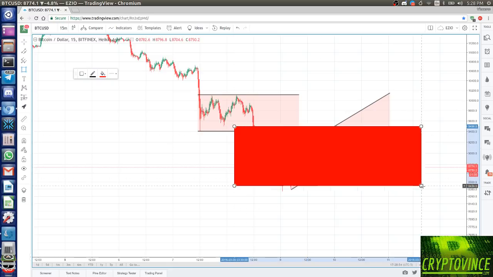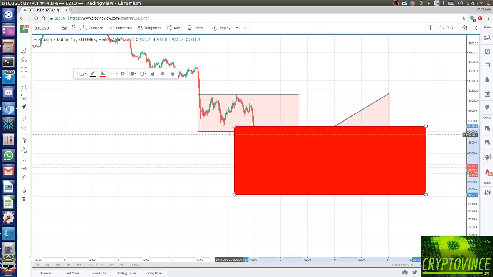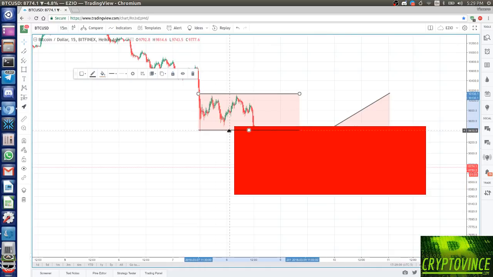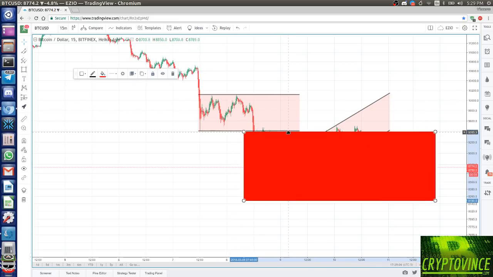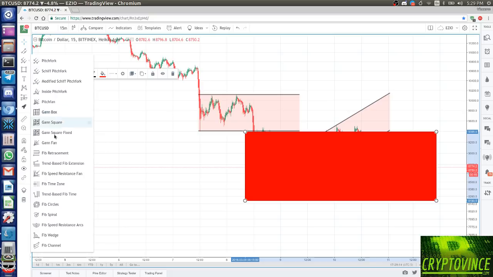Right there, like this. So let's say we were here and we notice this flag right there, and we see the trend is dropping, it's going to break soon. So if it breaks this level, what I can use is the trend-based Fibonacci extension that will help me figure out the next bearish target.